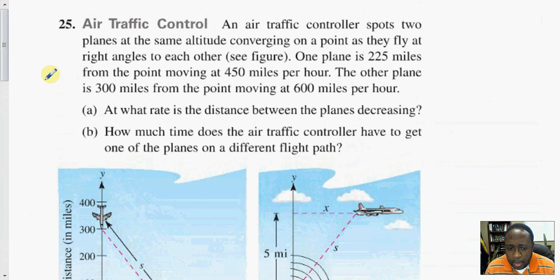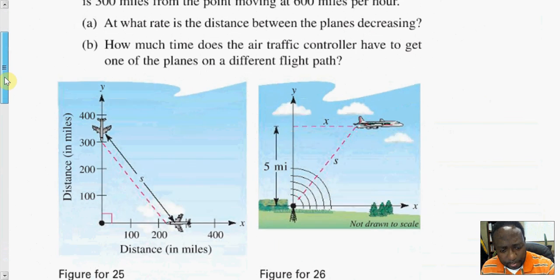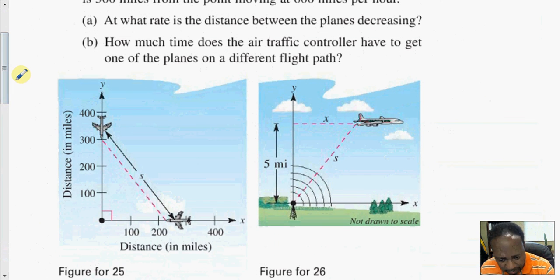The other plane is 300 miles from the point, moving at 600 miles per hour. At what rate is the distance between the planes decreasing? And how much time does the air traffic controller have to get one of the planes on a different flight path? So let's see. Let's say that this is X down here, and this is Y.